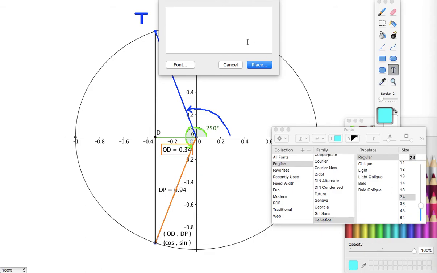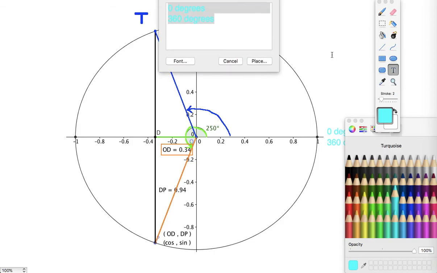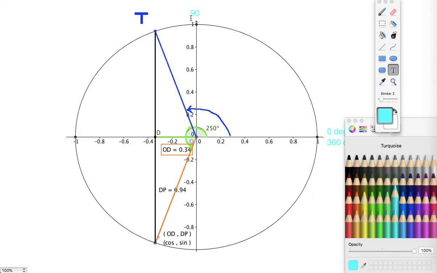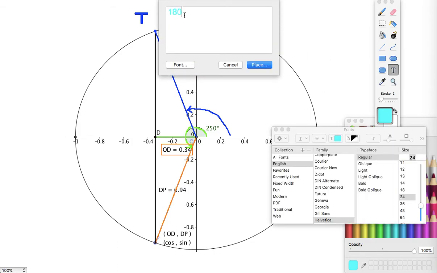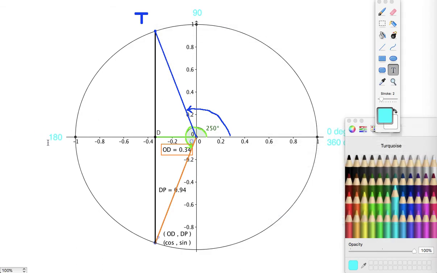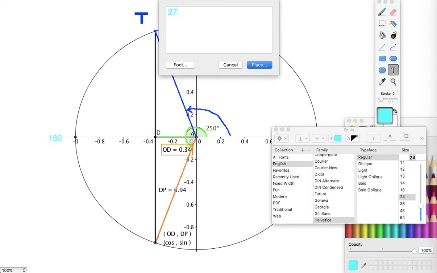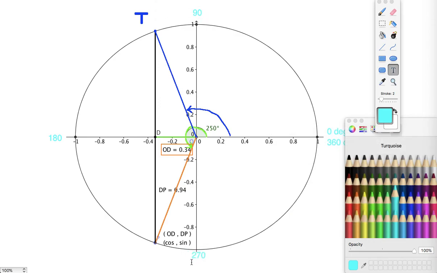Just like before, 0 degrees and 360 degrees is to the right. 90 degrees is up. 180 degrees is to the left. And my 270 degrees is down.